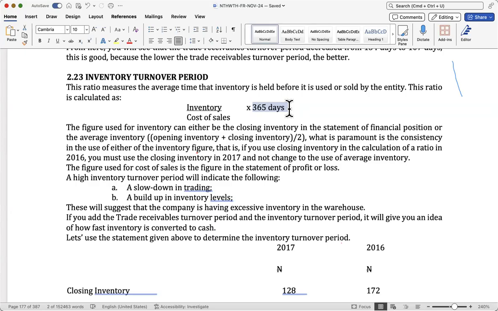If your inventory period is elongated, it means you're unable to sell and you're building up inventory levels. It will show in your working capital and it will affect you as an entity.